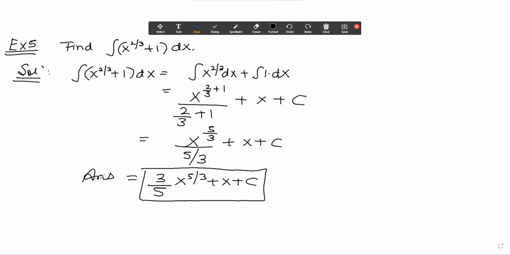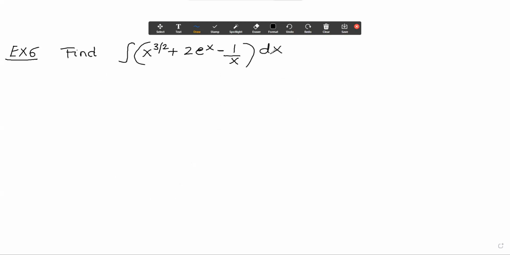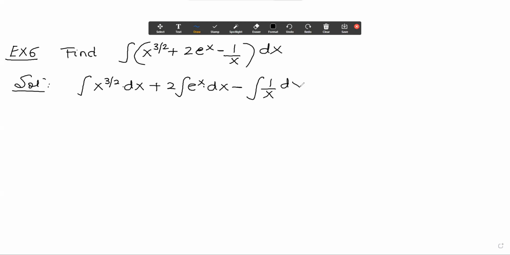Let's do another example. Find integral x to the power 3 by 2 plus 2 e to the x minus 1 upon x dx. I can write it like this: integral x to the power 3 by 2 dx plus 2 times integral e to the power x dx minus integral 1 upon x dx.